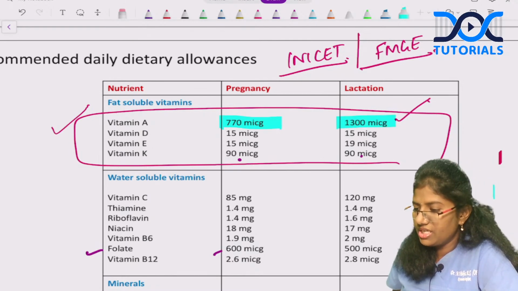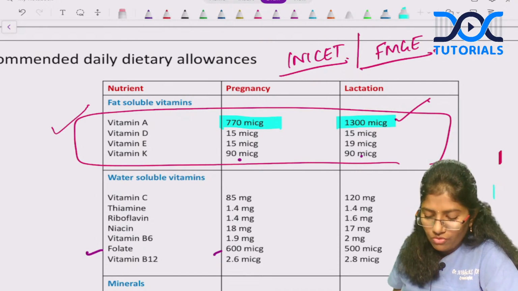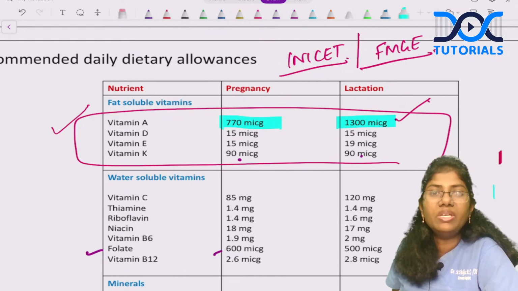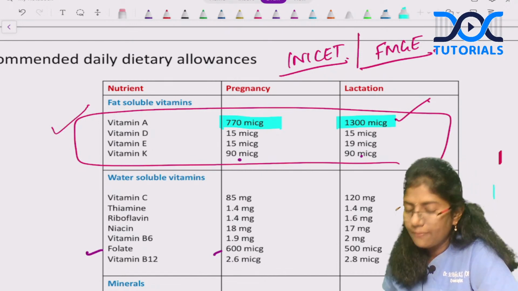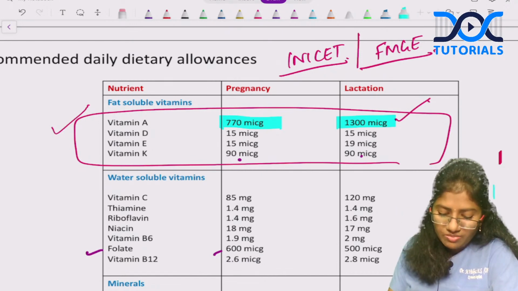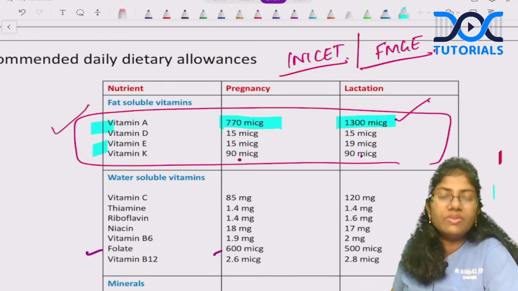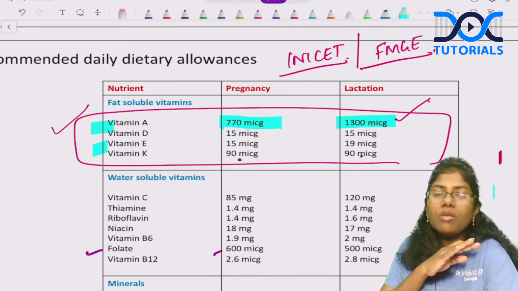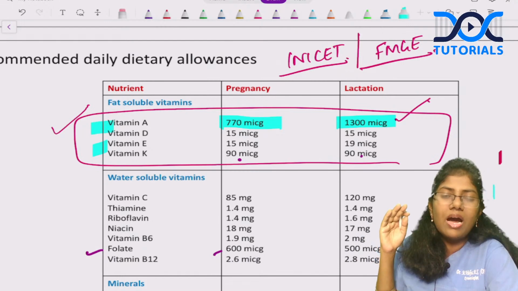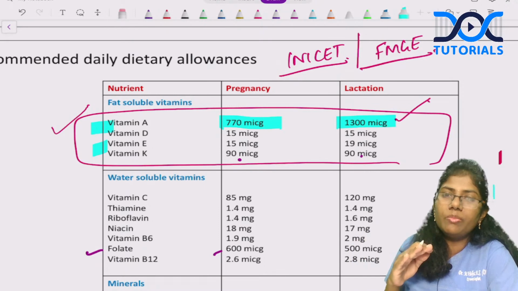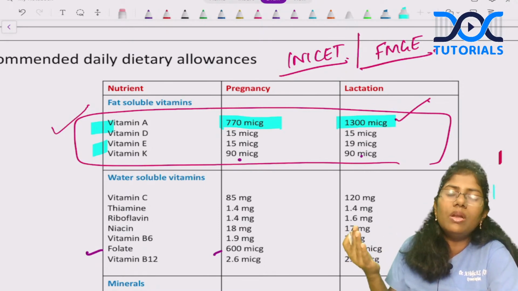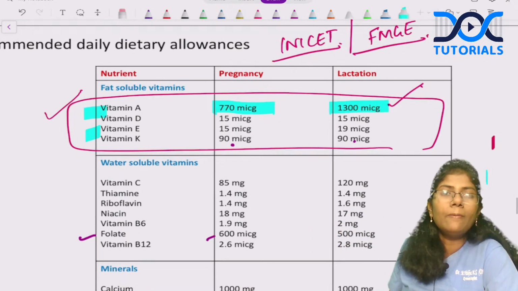Of course, there is a difference between the daily requirement during pregnancy and lactation for vitamin E too, but the difference is not as much as you see with vitamin A. With vitamin A, the difference is almost gross. During lactation, it's almost double of what you require during pregnancy.